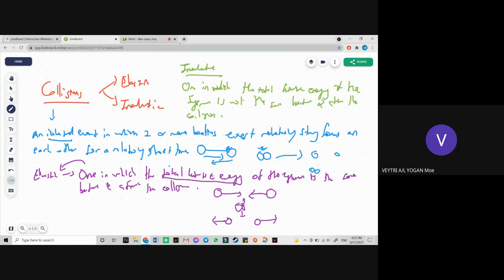Okay. Now, I repeat, inelastic collision is defined as one in which the total kinetic energy of the system is not the same before and after the collision.